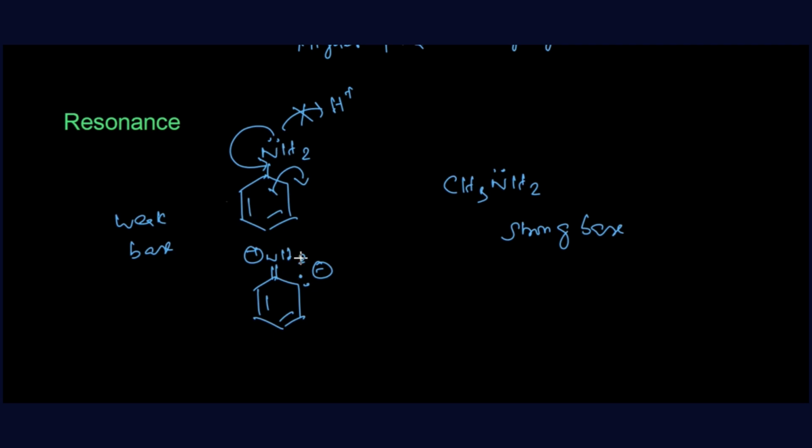So this lone pair is involved in the resonance in the aromatic amine, but in the aliphatic amine, this lone pair is not involved in the resonance. It is freely available to attack the proton. That's why these are acting as a strong base. Okay. So aliphatic amines are stronger bases than aromatic amines.